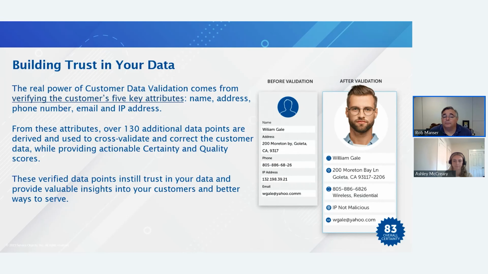And from these attributes, like we talked about, we can derive over 130 additional data points. So not only correct the address or correct those data points, but append a bunch of other really critical data points that can help you make good decisions. And we'll talk about all the different ways that you can use this, ultimately resulting in that score that allows you to drive a lot of that.